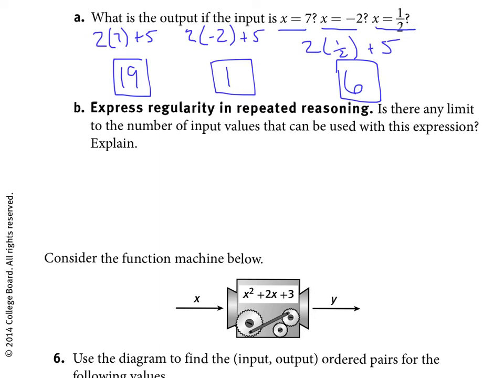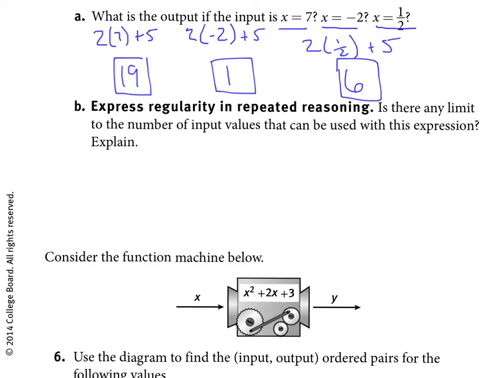If you think about it, I could put in anything for x, and I'm going to get an output. But there is no limit on what I could put into this function. Any number could be used. And that's what you should explain here. Okay, I'm going to move on.